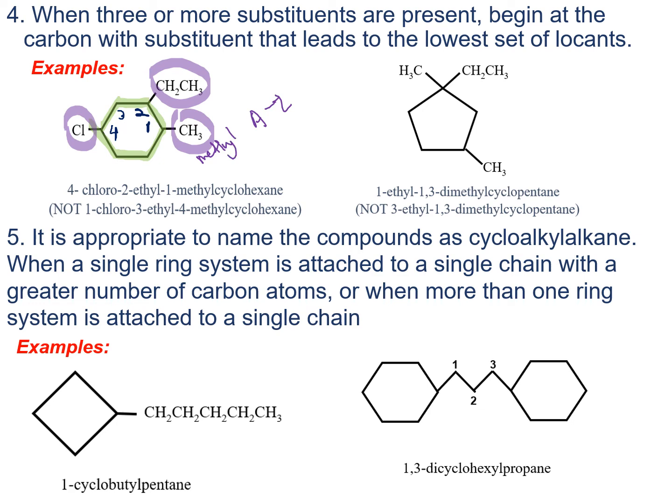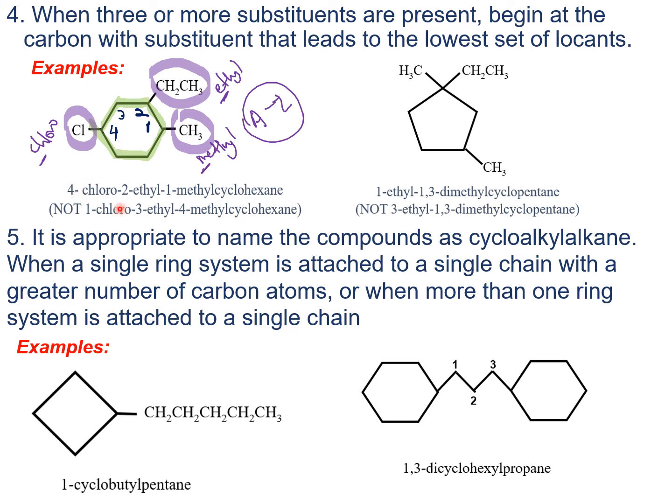Okay, kena start dengan lowest molar mass. Bila nak namakan, kena follow alphabet order. Okay, A to Z. I believe this is M, ethyl, E, lepas tu chloro, C. So that's why bila nak namakan dia, start dulu dengan chlorine, which bila dia jadi substituents jadi chloro. Kedudukan dia dekat carbon number 4.